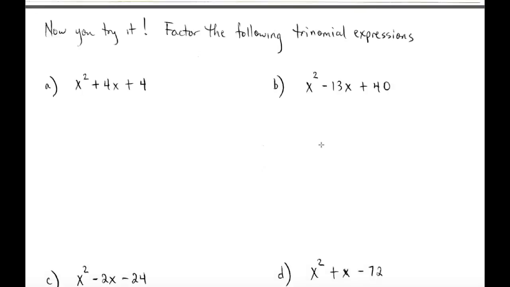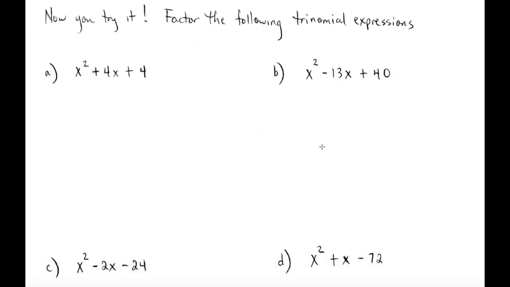All right, so with that, we are going to do a series of examples just to kind of get us going here, to get a feel for how this works. All right, so for this first example, we have this quadratic expression here, or this trinomial rather, and here we know from the beginnings we have plus, plus, and our leading coefficient here is an understood 1, so we have x, x.